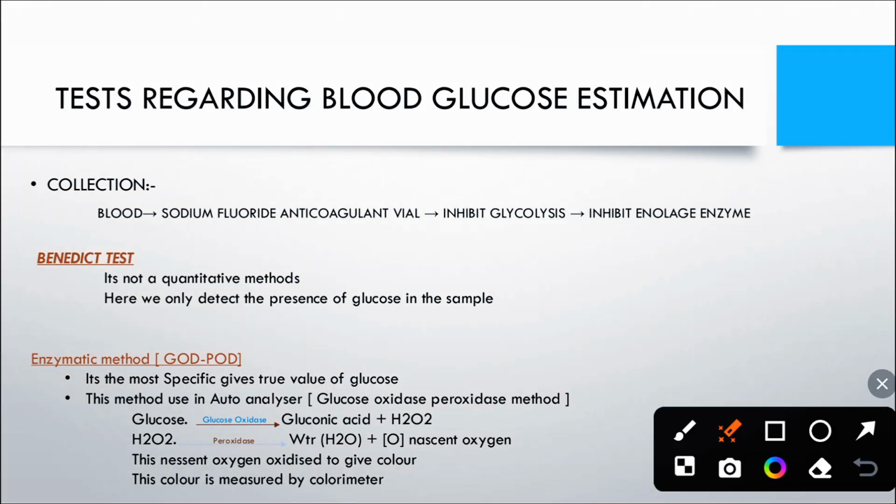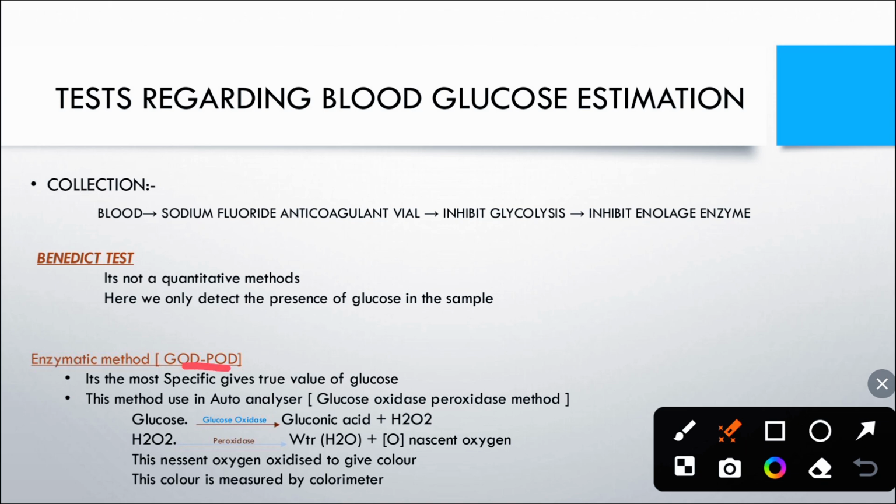At first, the Benedict test is not a quantitative method. Here we detect only the presence of glucose in the sample. For the detection of glucose in urine, we also use this method. It is only a qualitative method, meaning glucose present or absent, but the amount of glucose is not measured in this method.